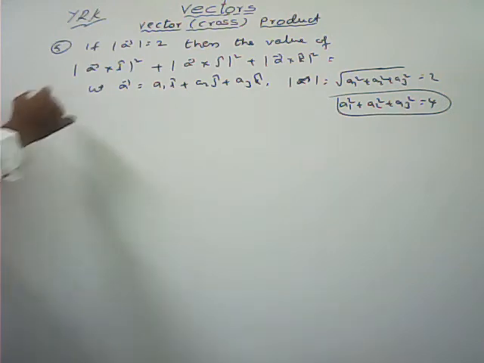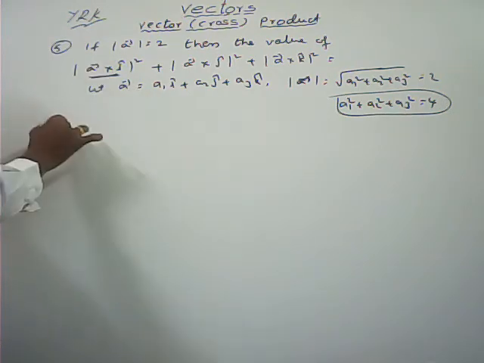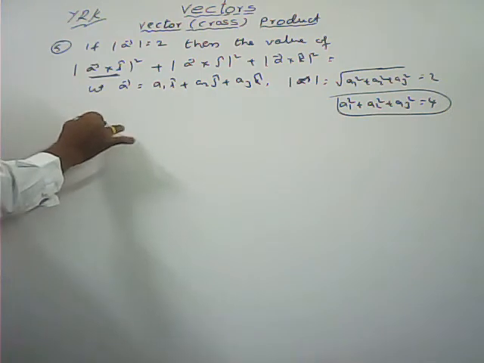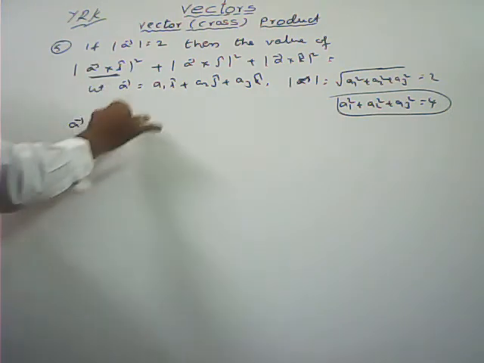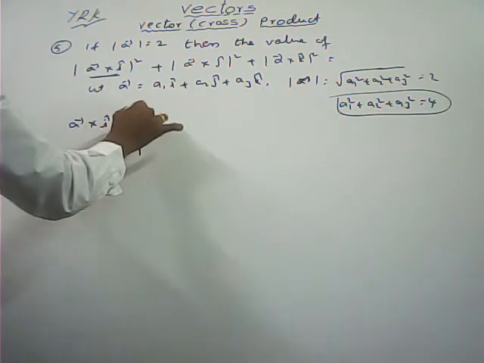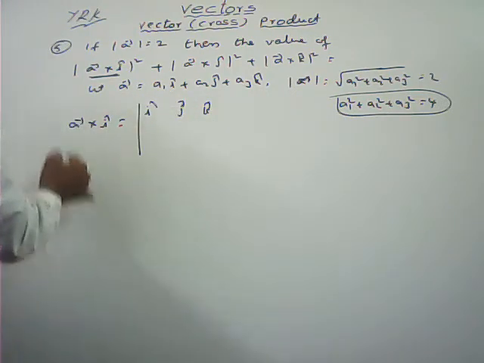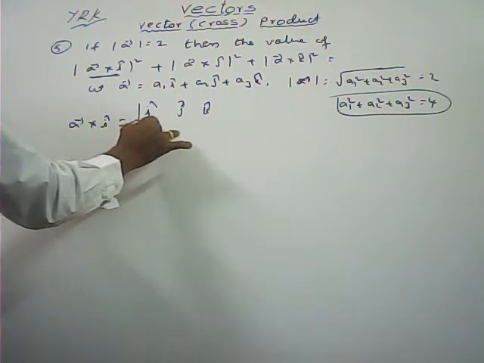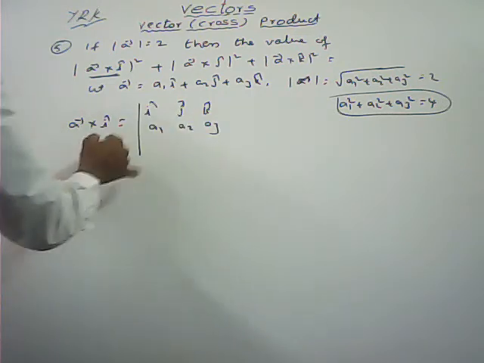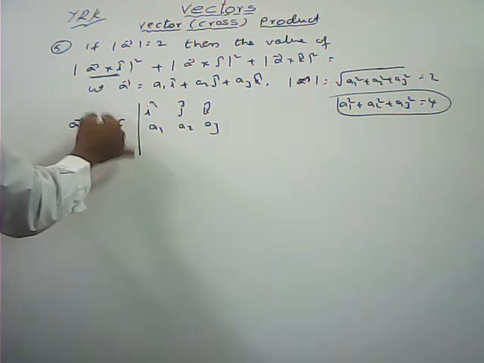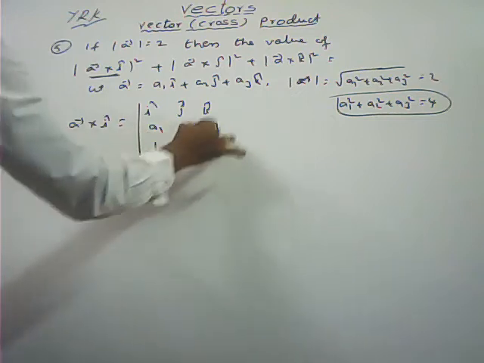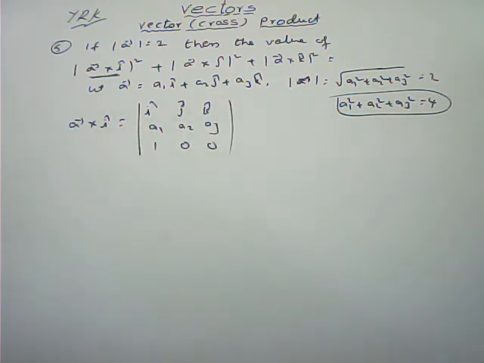And next find a bar cross i cap. A bar cross i cap is equal to the determinant with i j k; here a bar is a1, a2, a3, and for i cap the coefficients are 1, 0, 0.